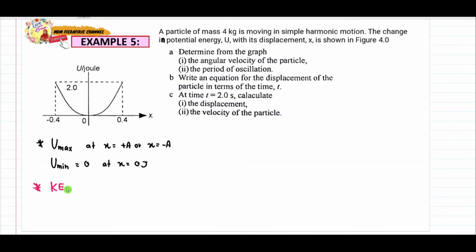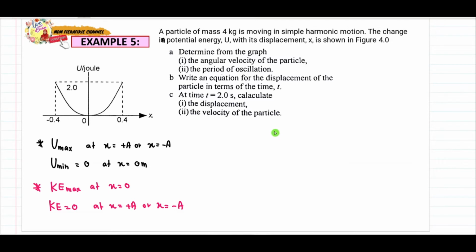Kinetic energy is maximum at x equal to 0, 0 meter, 0 centimeter, apa-apa pun. But kinetic energy is equal to 0 at x equal to positive A or x equal to negative A.